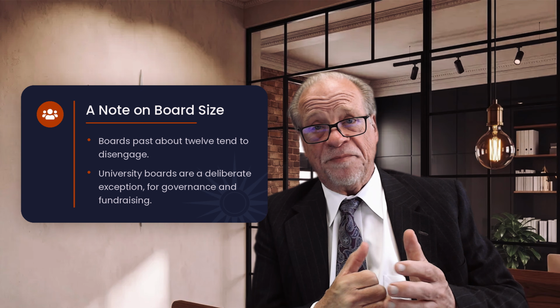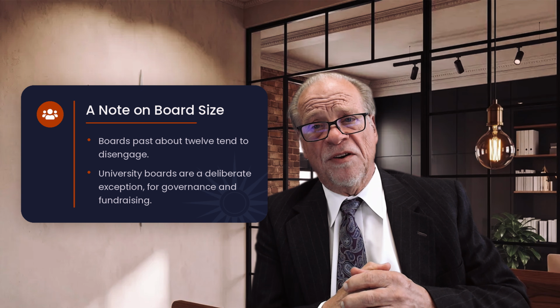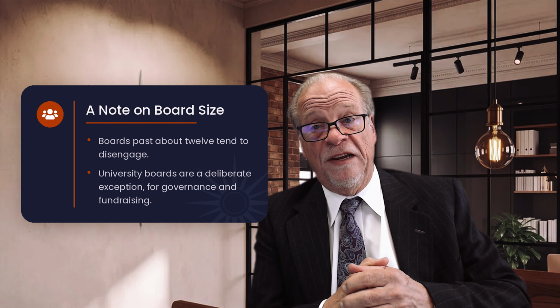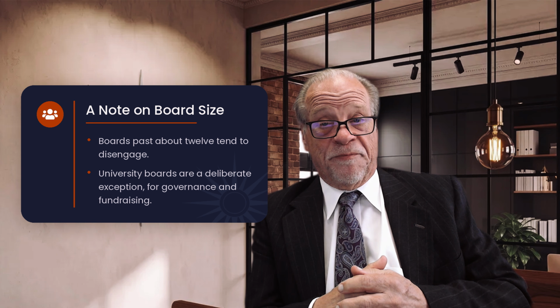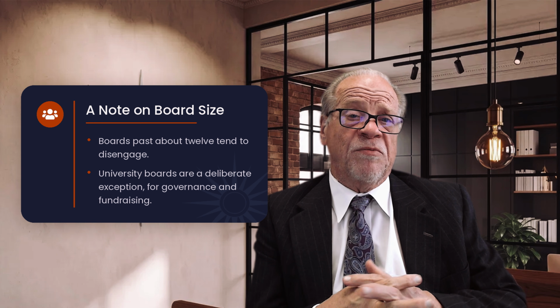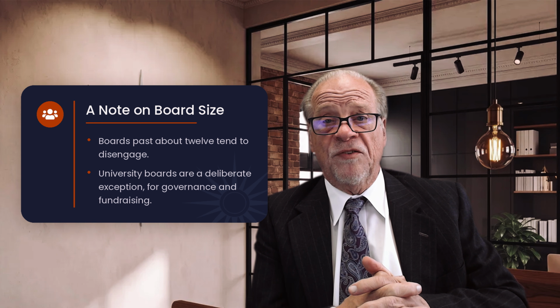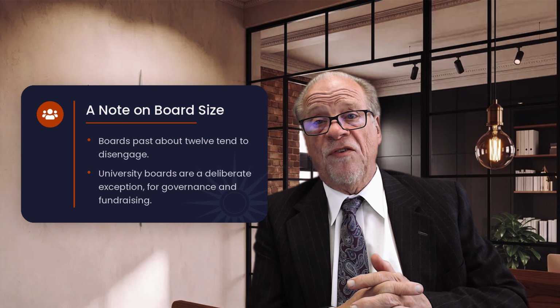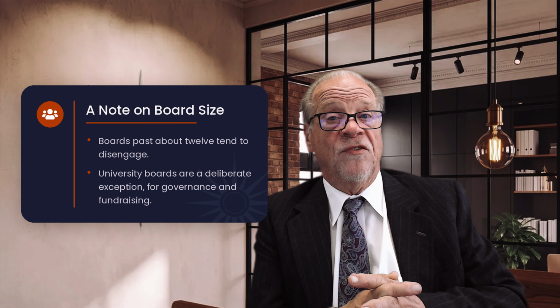As an aside, generally speaking, boards of more than about 12 people tend to not be very efficient. You have directors who simply aren't engaged because there's too many people. But there are some exceptions in some industries. For example, university boards tend to be large for a variety of reasons having to do with governance and fundraising on boards.